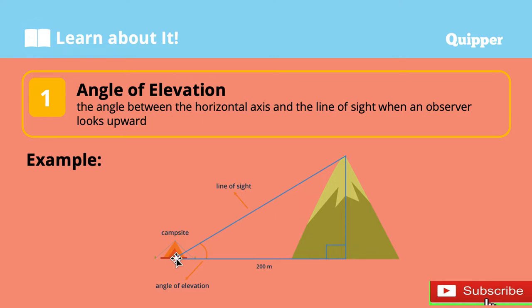So from the campsite, the observer looks at the top of the mountain, and this mountain is the object. Now this line here, again, is the line of sight, and the angle that is being formed is what we call the angle of elevation.